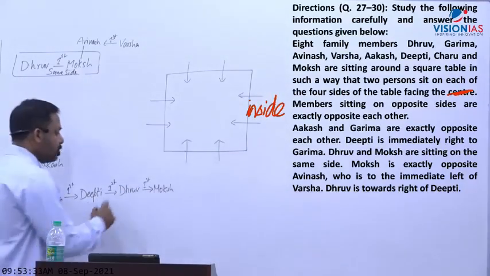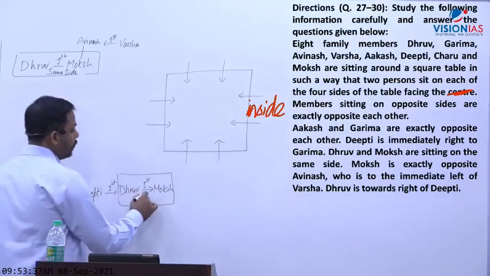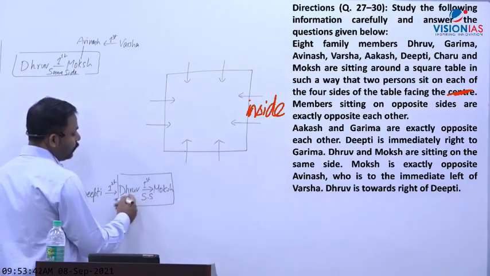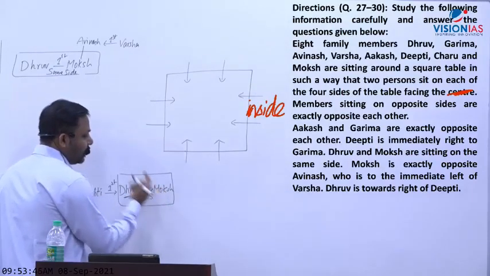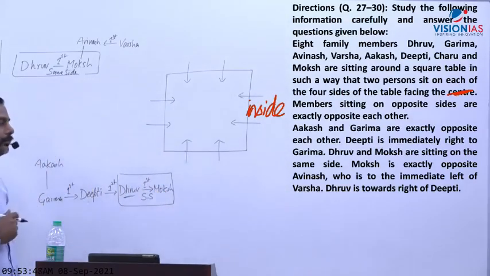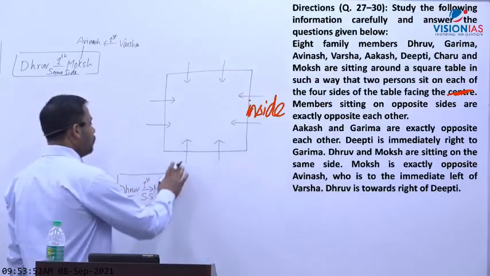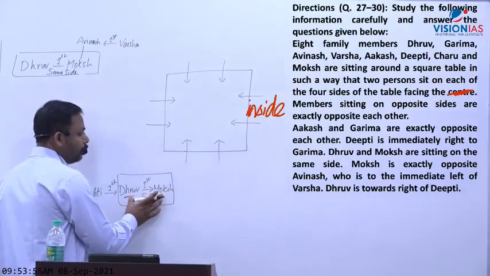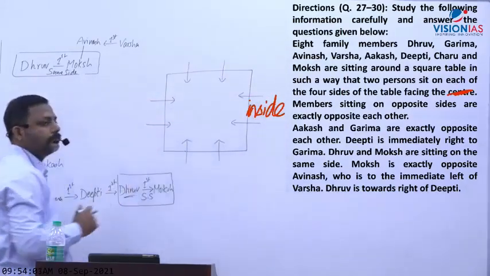Now since Dhruv and Moksh are sitting on the same side, we will start putting them from any of the sides. The answer will be same.